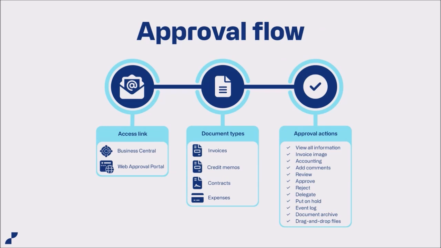We have handled invoices, credit memos, also expenses from our solution, Expense Management. And now in the same portal, we can also handle contracts, meaning that we can view all information, we can change the lines, we can add documents. And one of the new steps that we can do is to submit a review of that contract using the Web Approval Portal.